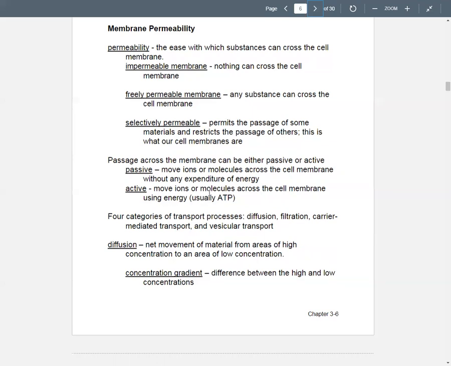But our membranes are selectively permeable. They can permit the passage of some materials and restrict the passage of other materials. Selective.